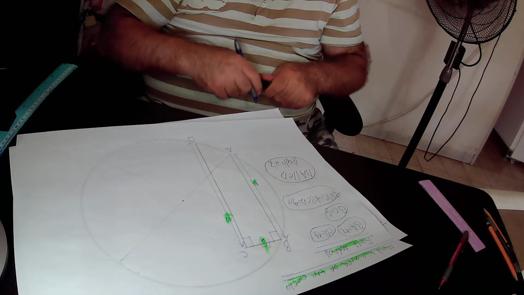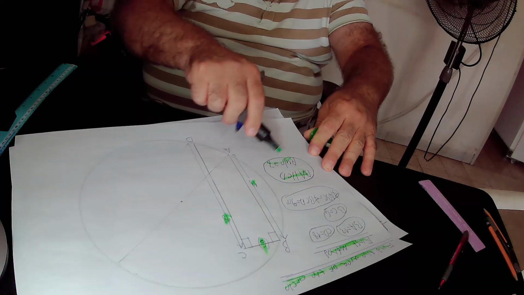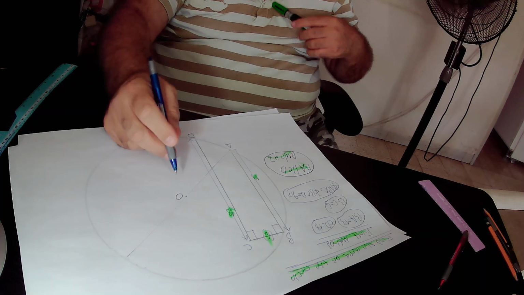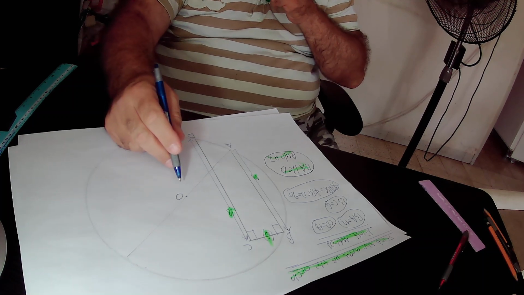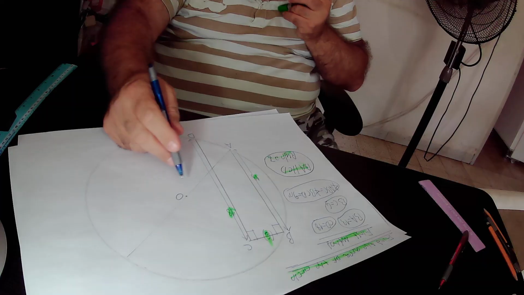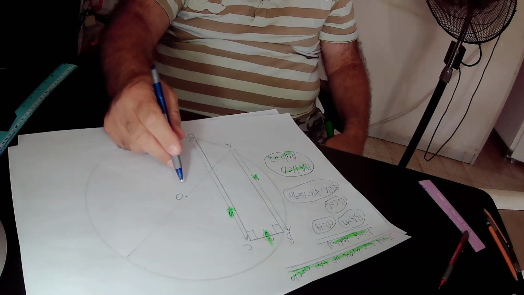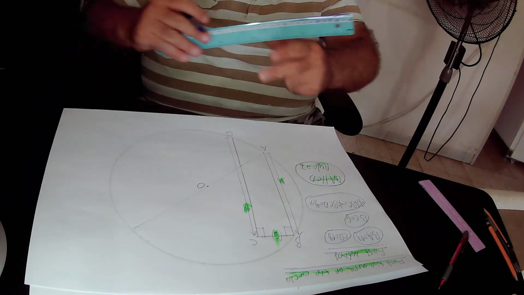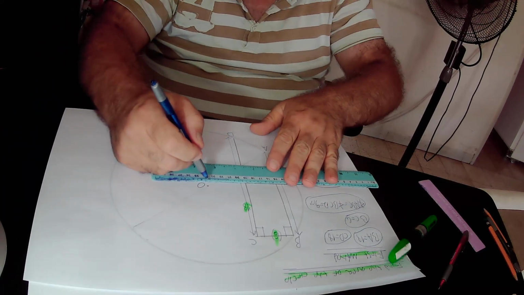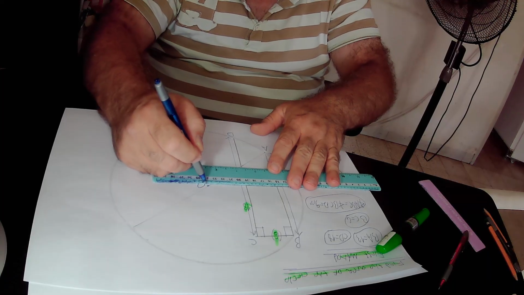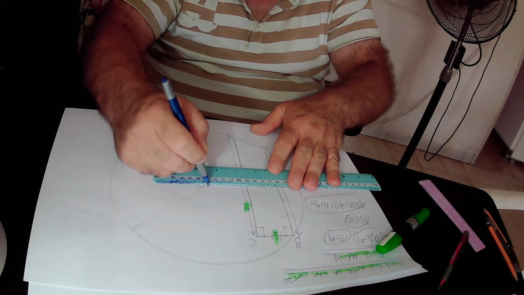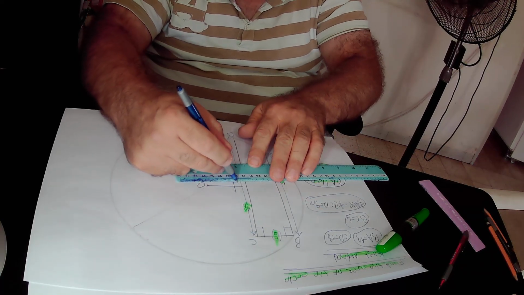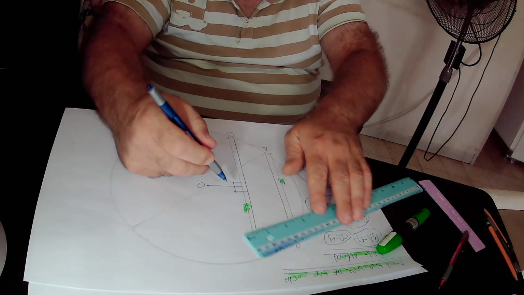In the next step, we define the center of this circle. This point is point O, and from point O, that is the center of the circle, we will draw a perpendicular on CD. So actually, this angle equals 90 degrees, and this angle also equals 90 degrees according to our construction.